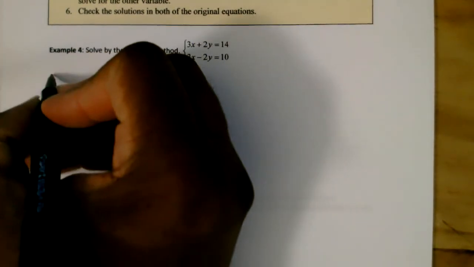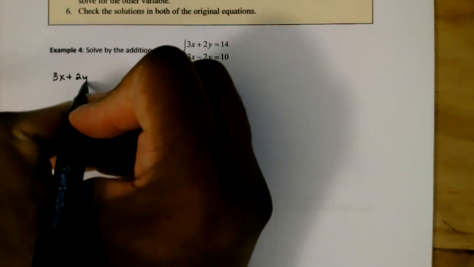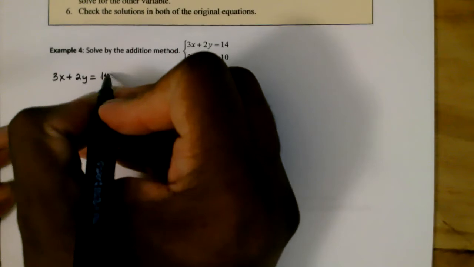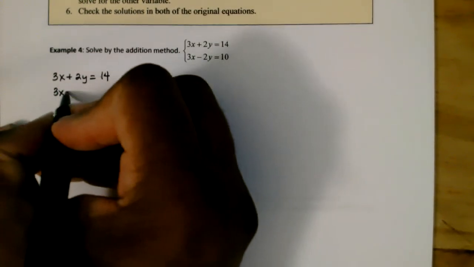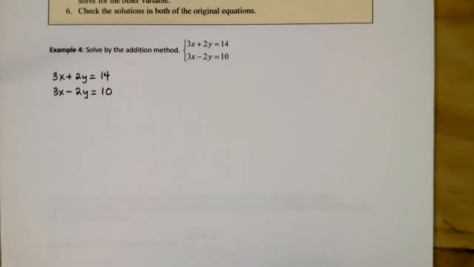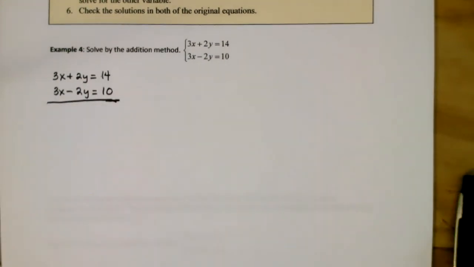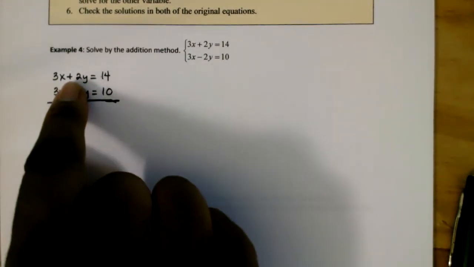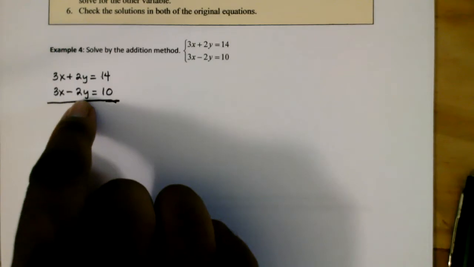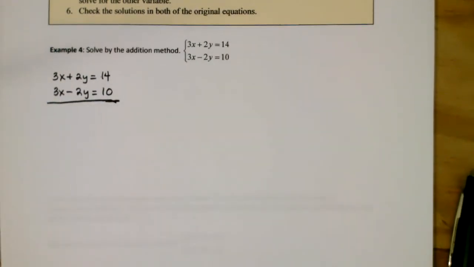So I'm going to write the equations here. 3x plus 2y equals 14. 3x minus 2y equals 10. Now we're going to use the addition method. And this is going to be an easy one, because notice we already have plus 2y and minus 2y. Those are opposites. So we can add those two equations directly.